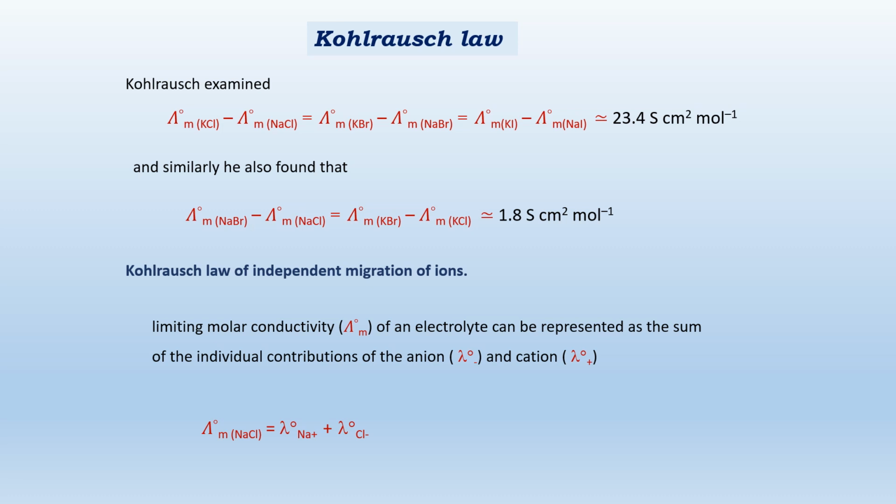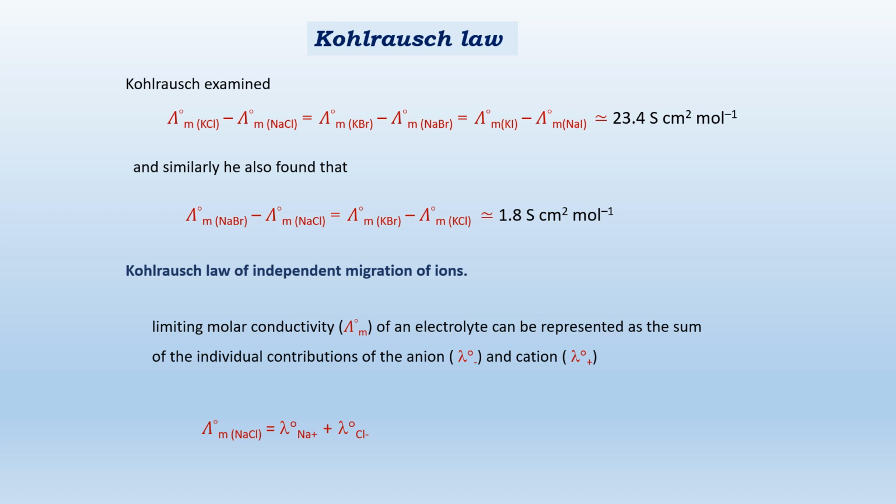The second set shows the KBr minus NaBr. Br will cancel and it shows the K minus Na. Similarly for potassium iodide and sodium iodide, it also shows the K minus Na. All the K minus Na will show a similar value.